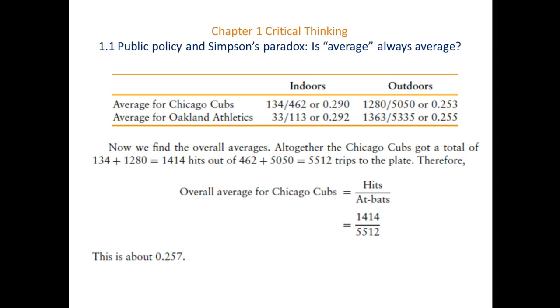Altogether, the Chicago Cubs got a total of 134 plus 1,280, which is equal to 1,414 hits out of 462 plus 5,050, which is 5,512 trips to the plate. Therefore, the overall average for the Chicago Cubs is hits divided by at-bats, and that's equal to 1,414 divided by 5,512, or about 25.7%.